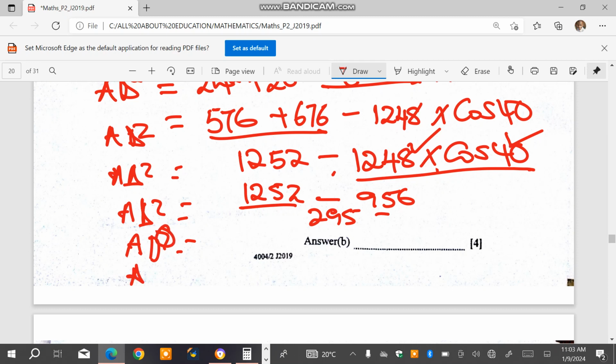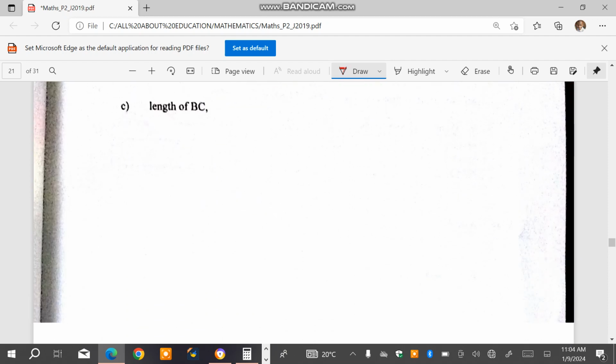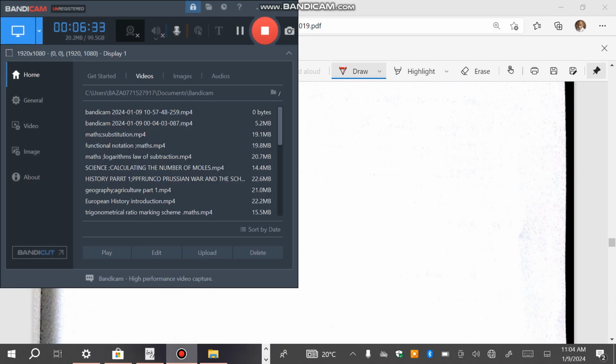You're going to say AD is equal to root 295, and you're going to get AD equal to 17.2 centimeters if you round correct to 3 significant figures. So your correct answer is 17.2 centimeters. Done. Then moving on to the next question. Let me just check my time.